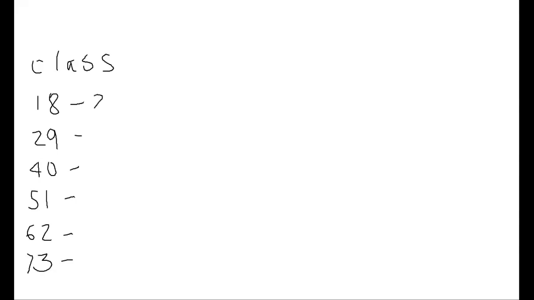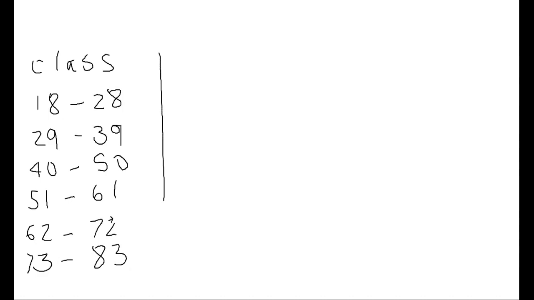I have to go to 28 because the next interval starts at 29, and I don't want overlapping. Here we go to 39 because the next interval begins at 40, etc. Here, 61, 72, and 83. Those are my classes or intervals.